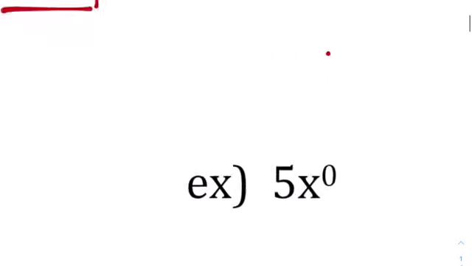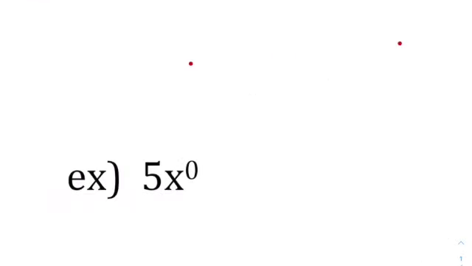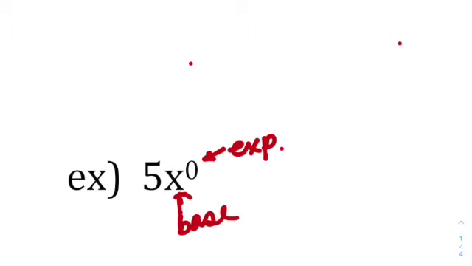And the next one, it's a question I love to ask on every single quiz and every single test. That is, you have to understand where's the exponent, what is your base. Now, if you think about it, this is your exponent. So therefore, this is the base. 5 is not included in that whole thing. And that's going to be 5 times 1.